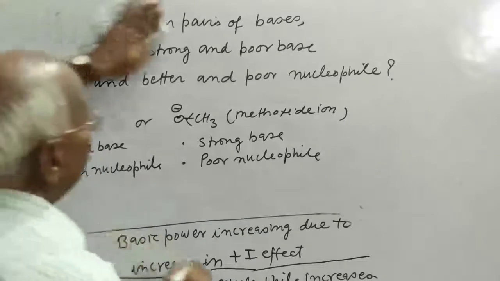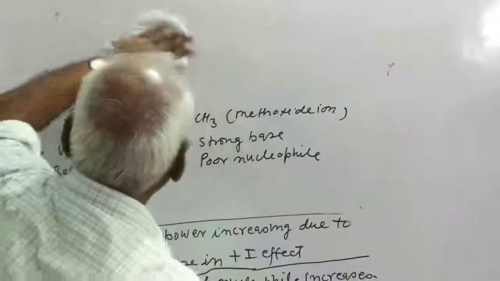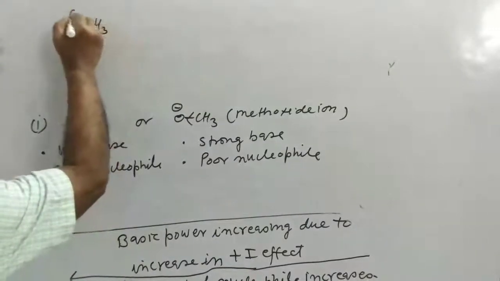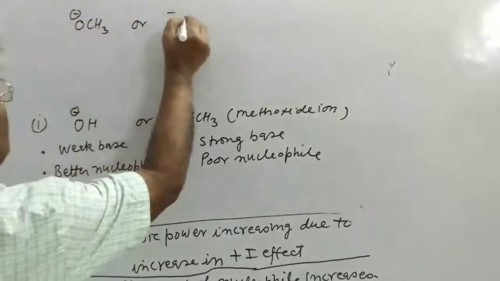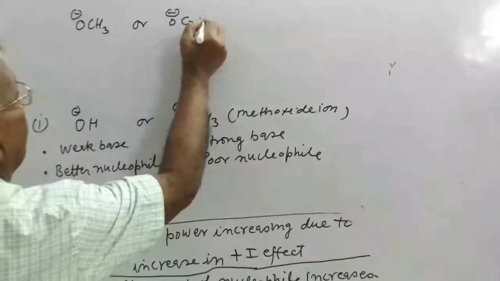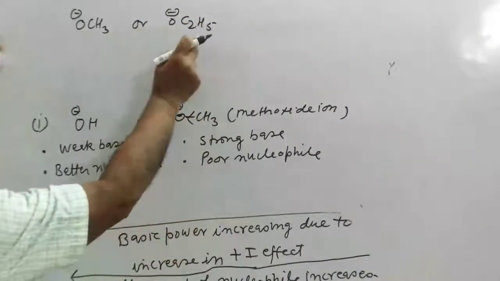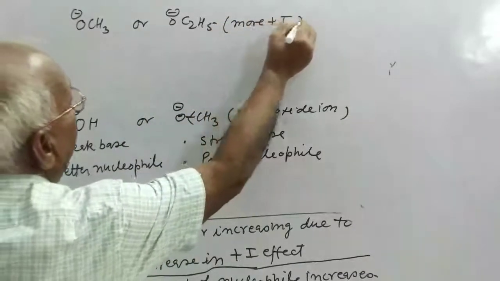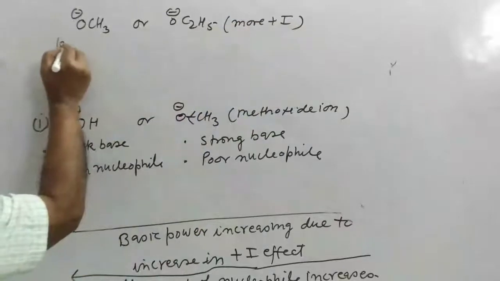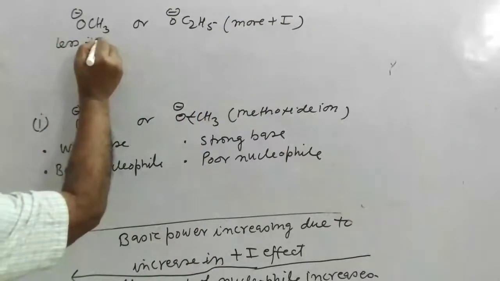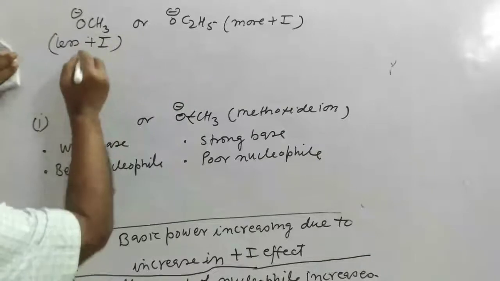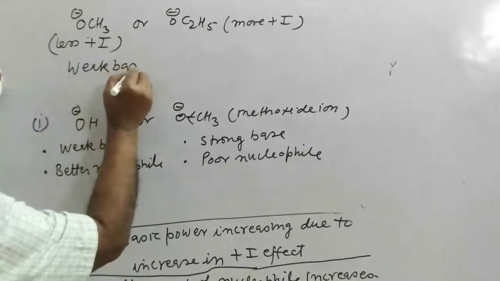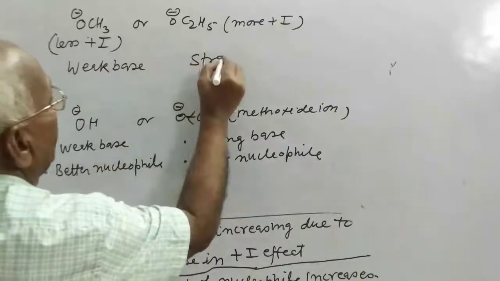Now see the second case. In methoxide or ethoxide, this has got more plus I effect, this has got less plus I effect, so it is weak base, this is strong base.